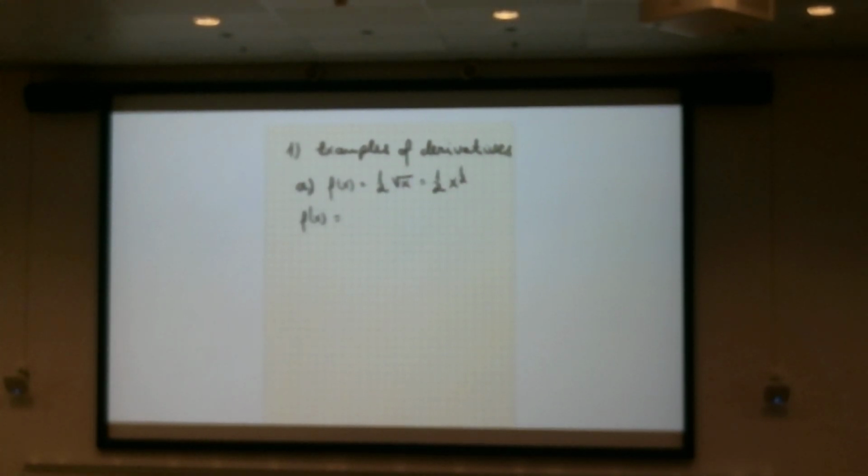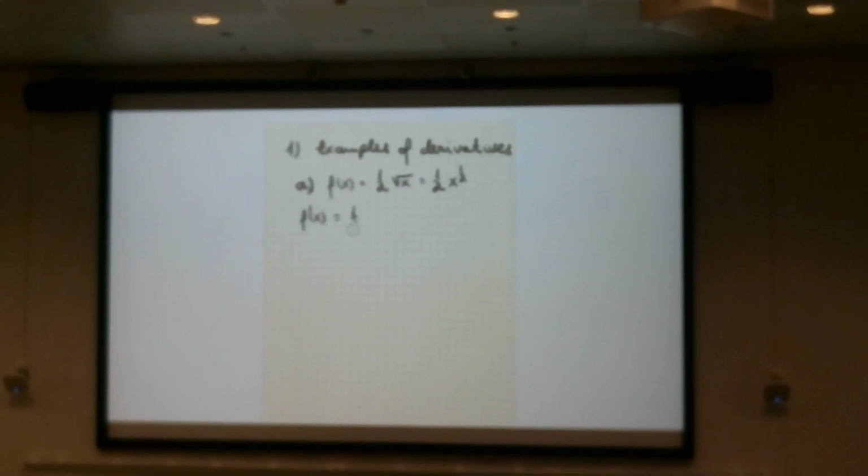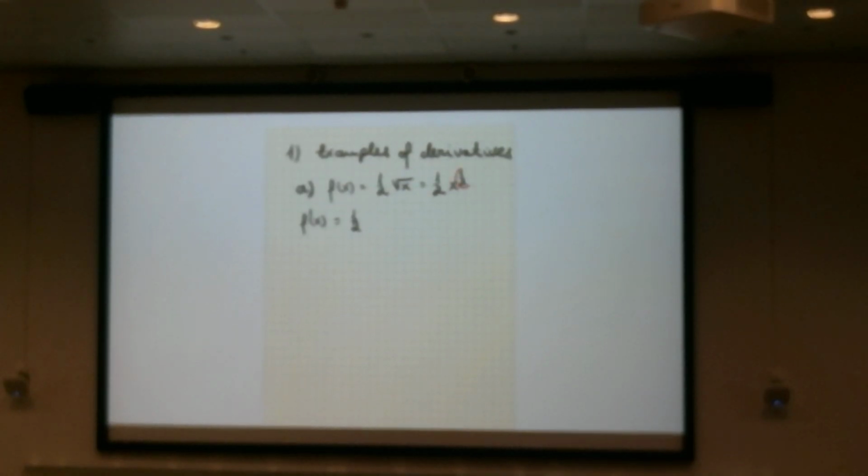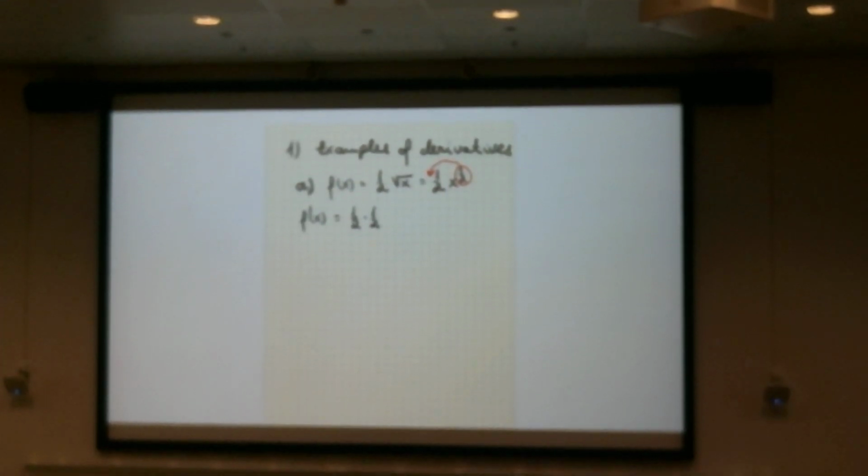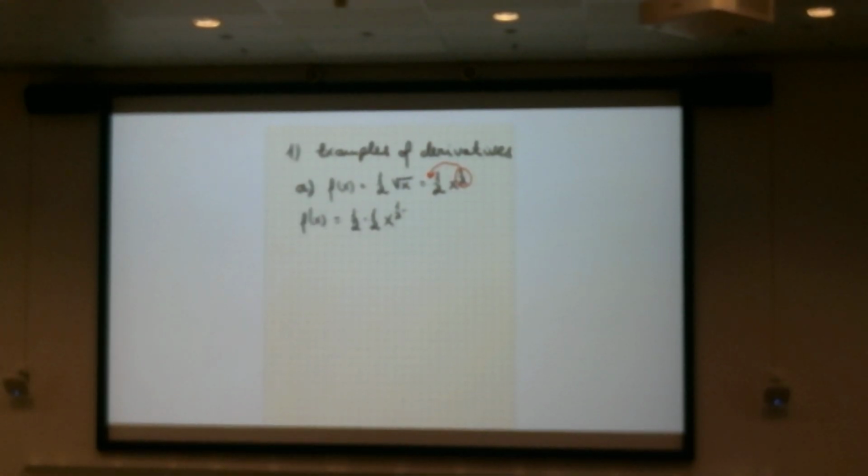Okay, so the constant in front, we can just write it again, 1 over 2. And then this 1/2 is going to go down here as well, because whatever is in the power, it goes down. And I have x raised to 1/2 minus 1.